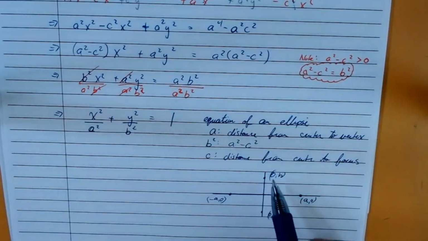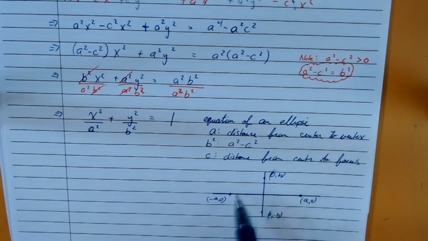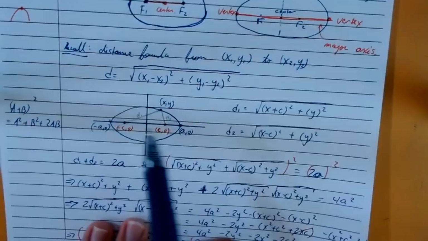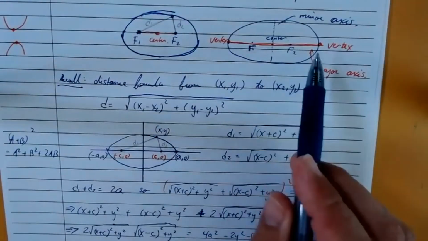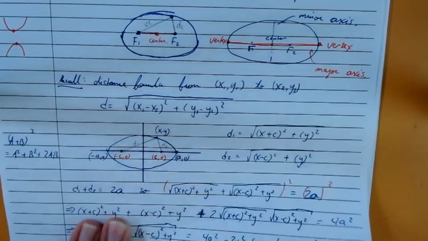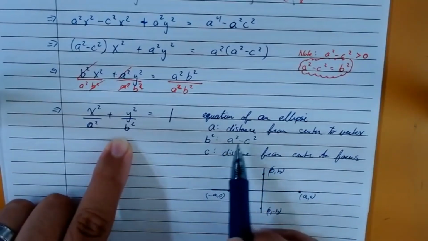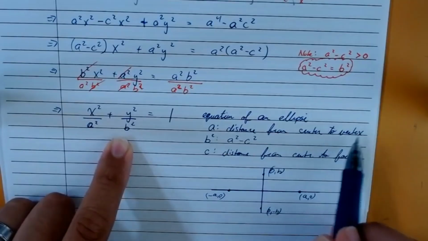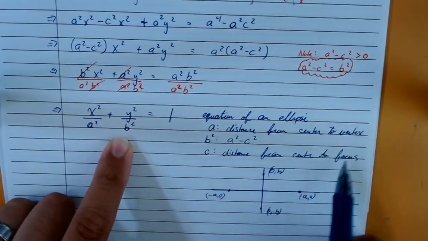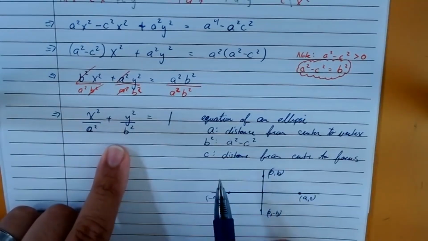Oh, but we had a name for the line that goes through the center of your ellipse and is perpendicular to the line between your vertices. The line between your vertices we call the major axis, and this line that's perpendicular to it through the center is called the minor axis. So not only is b an artifact of the values for the distance from the center to the vertex and the center to the focus, but also in its own right, it is a distinguishing feature of the ellipse.